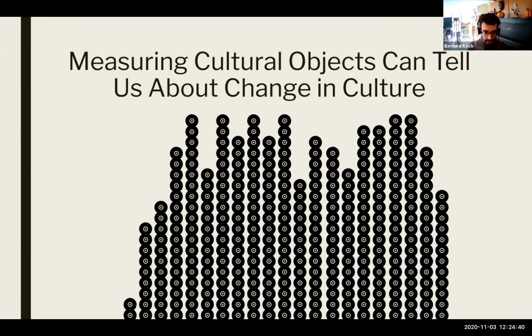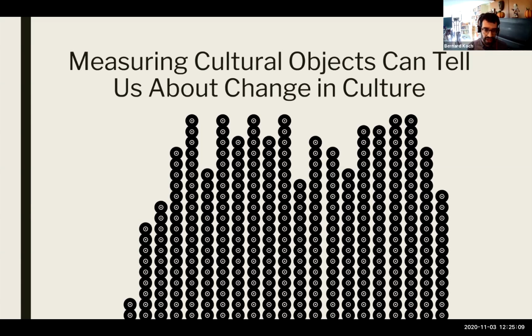So why look at cultural objects? Well, for one, we can't peer into people's minds and see ideas. And second, if we want to do historical empirical analyses, this is what we have information about, right? In general, we have a lot richer information about cultural objects and understanding cultural diversity through objects than we might about what people think or what they have said in the past, or information about actors.